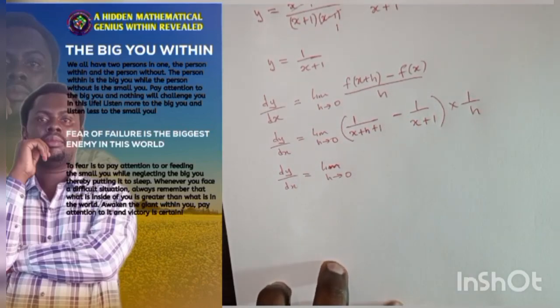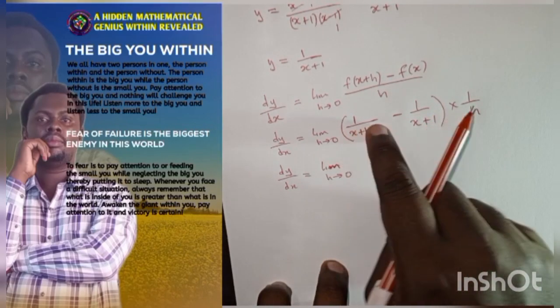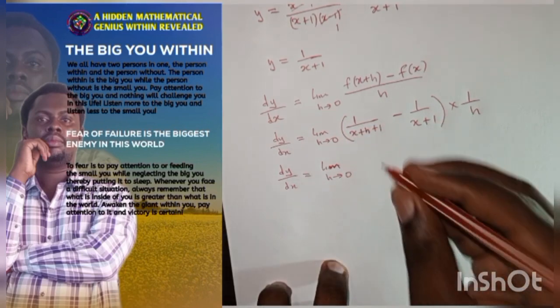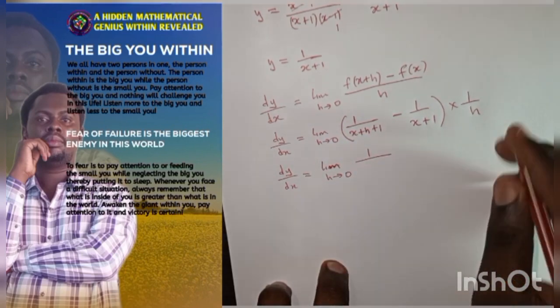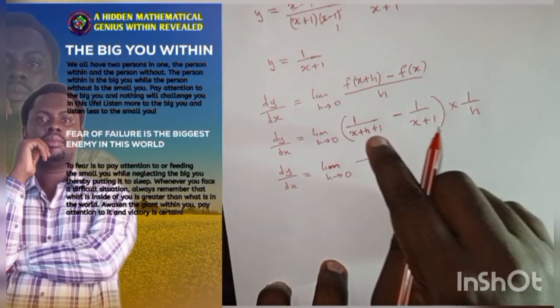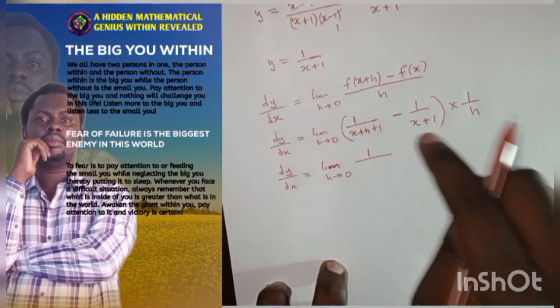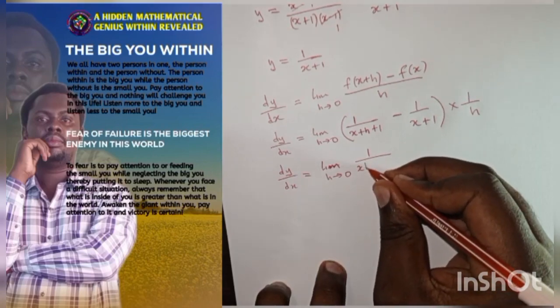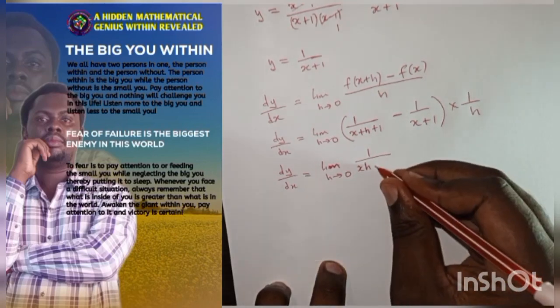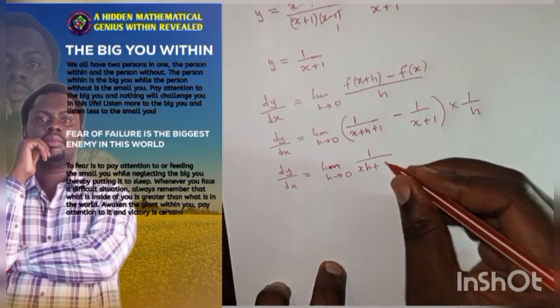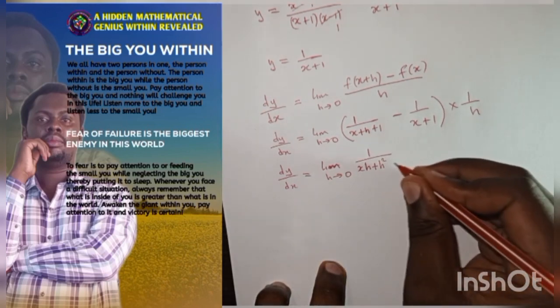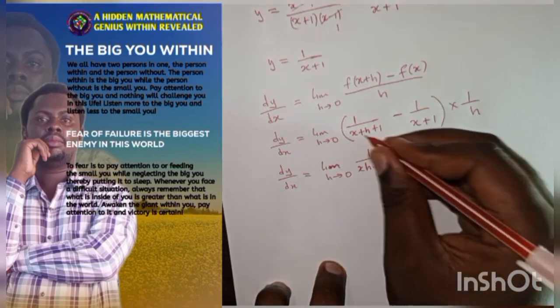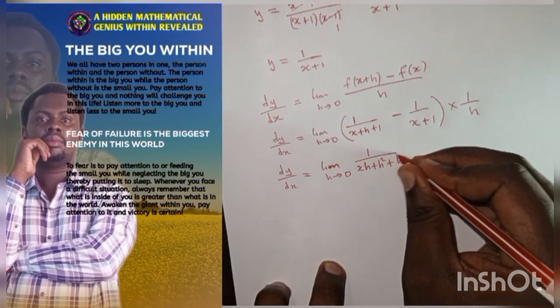So h multiplied by x, h multiplied by h, and h multiplied by 1. h multiplied by x gives xh, plus h multiplied by h gives h squared, plus h multiplied by 1 gives h.